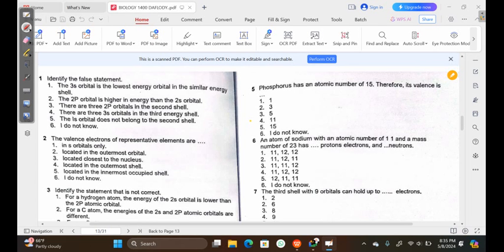The 2p orbital. So please, if you unmute your... Yes, go ahead. Mm-hmm.